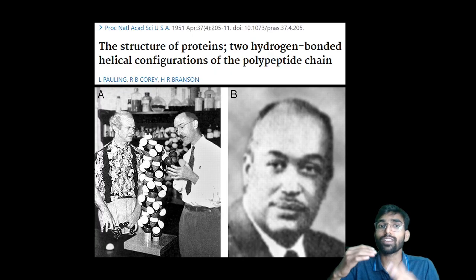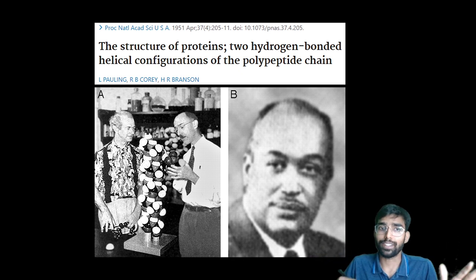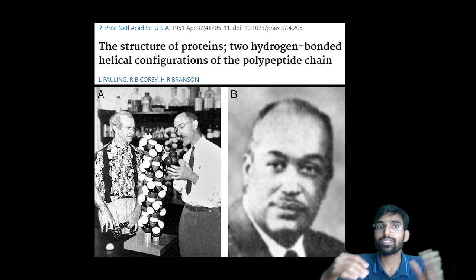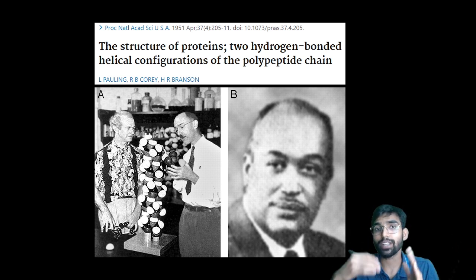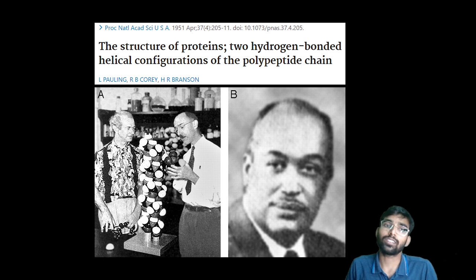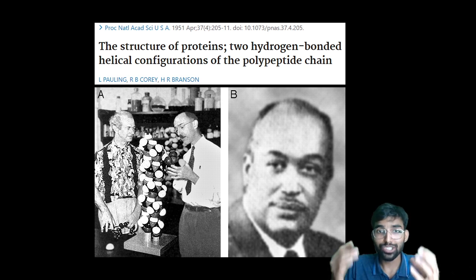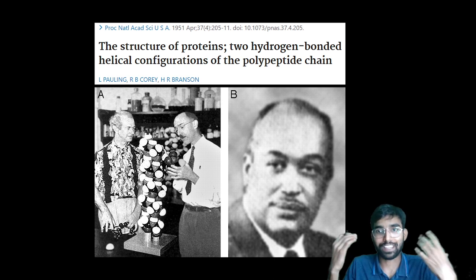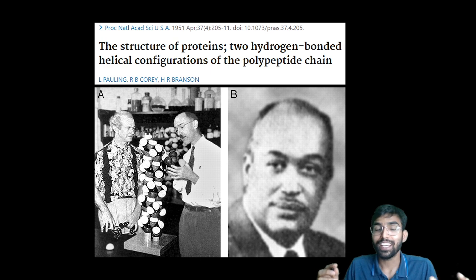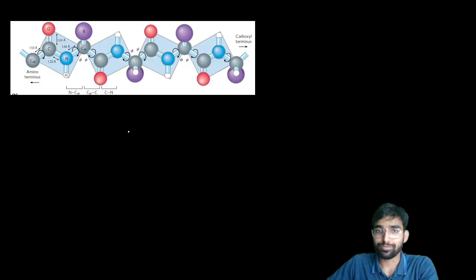The first concept of protein secondary structure came in 1951, and the first paper was published in PNAS by Pauling and Corey, and that's why they were awarded the Nobel Prize. At that time there was no development of X-ray crystallography and cryo-EM, right? So it's quite a fantastic idea that they got at that moment.